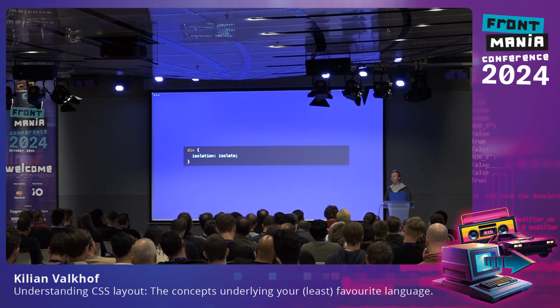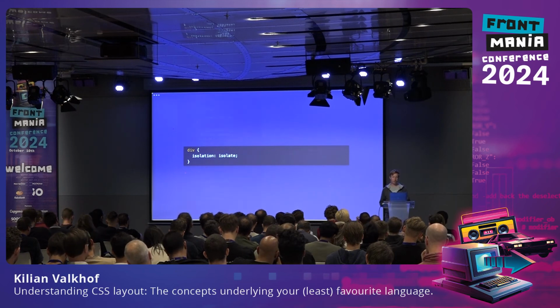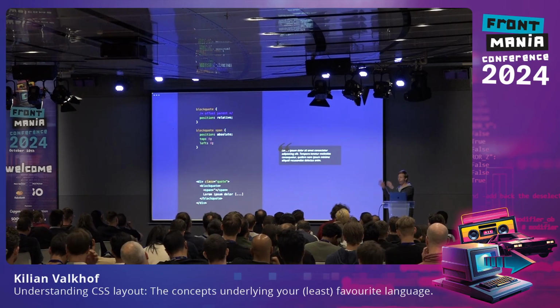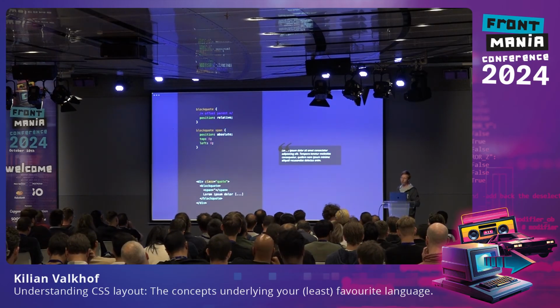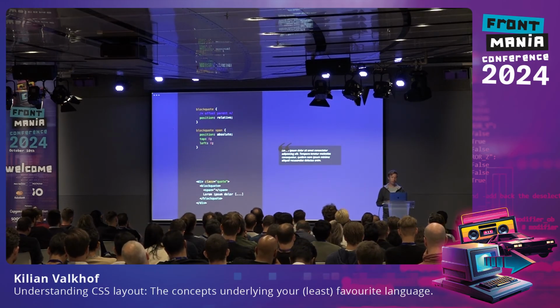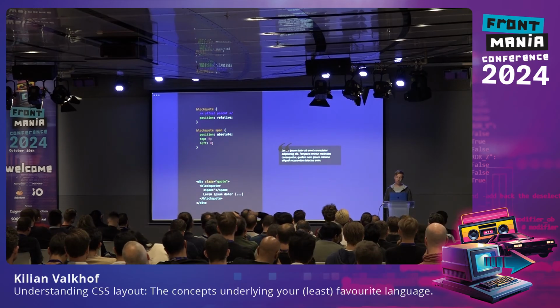So let's dig into how that works. So I have here a design with a quote, and I have it positioned correctly in the X and Y direction. There's a box and there's a quote, and I have a nice little quote icon in the top left.